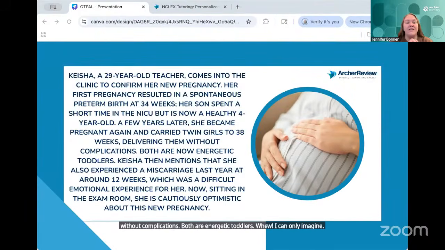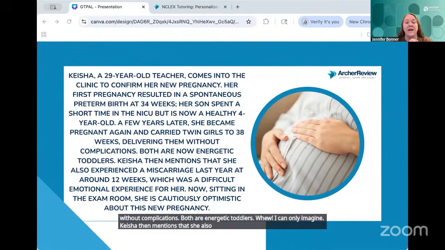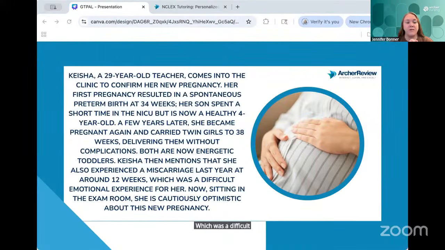Keisha then mentions that she also experienced a miscarriage last year at around 12 weeks, which was a difficult emotional experience for her. And now she's sitting in the exam room, cautiously optimistic about this new pregnancy.